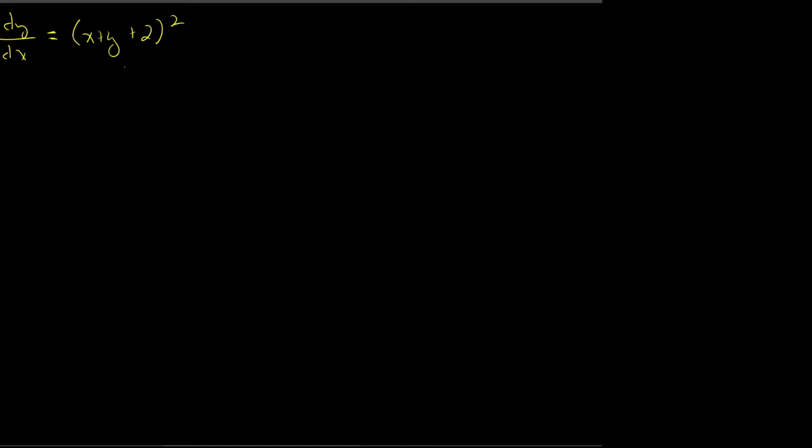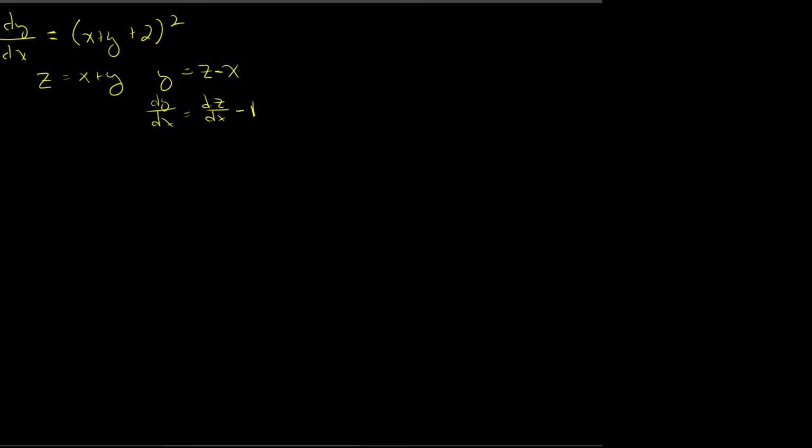And so, well, this is nice. I have x plus y as a function over here. So I'm going to say, hey, we'll make z equal to x plus y. And that means y is equal to z minus x. And dy/dx is equal to dz/dx minus 1.